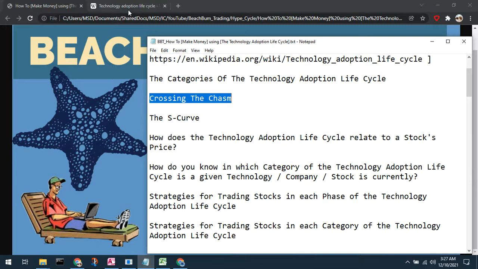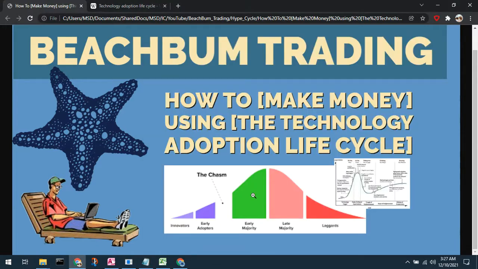In this graphic on the thumbnail for our video, you can clearly see what we're talking about in terms of the chasm and the crossing of the chasm. Between the early phases of adoption, innovators and early adopters, there's this chasm.